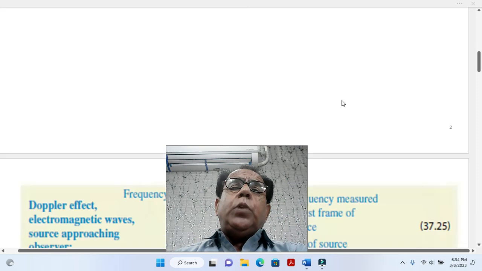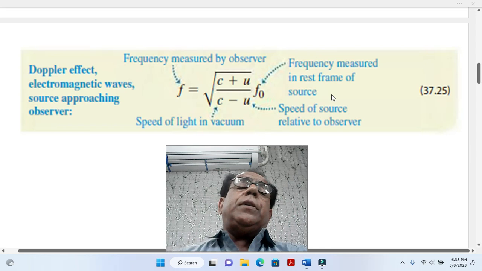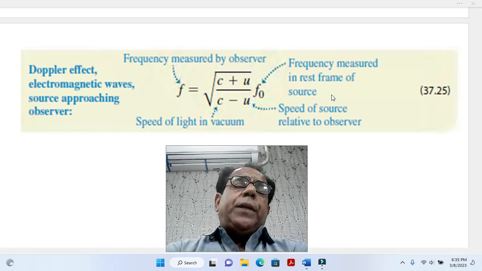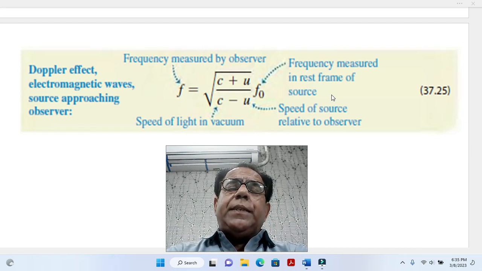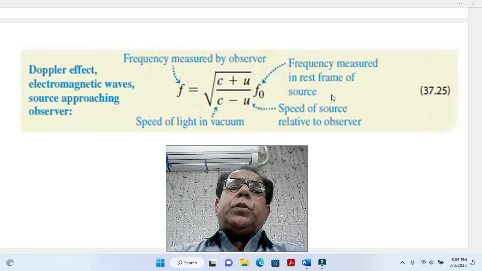Helping tools, tool number 1. This is the first tool which will lead us to our required solution of the problem. Doppler effect, electromagnetic waves, source approaching observer. Here f is the frequency measured by observer, while f naught is frequency measured in rest frame of source. f is equal to under root c plus u over c minus u.